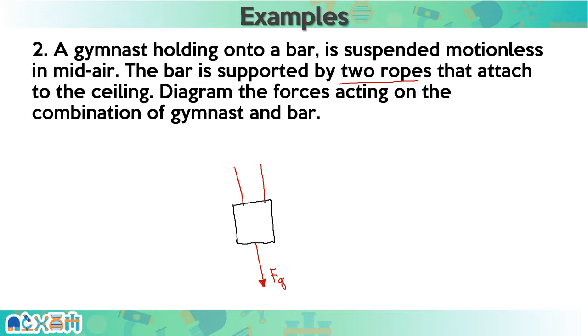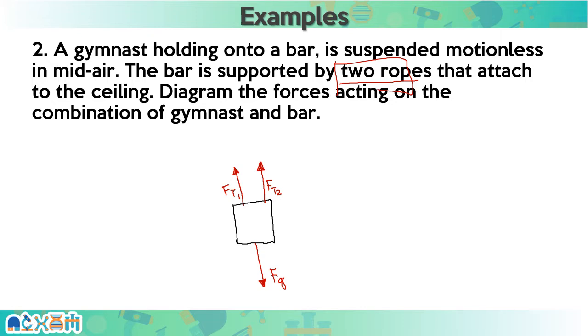So we'll write Fg. And since we have ropes here, which means tension, we have here F tension 1, then F tension 2. And that's it. Those are the different forces acting upon this second example.